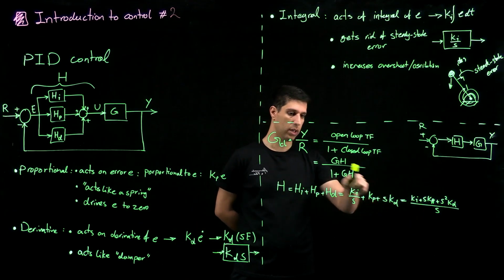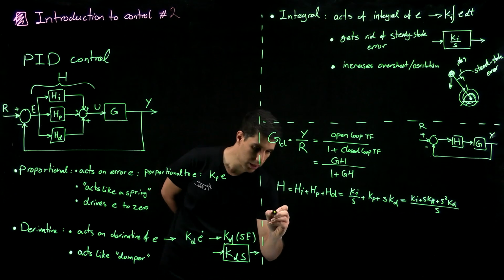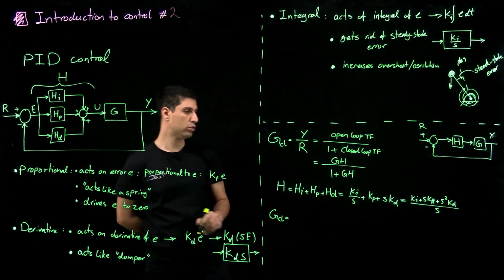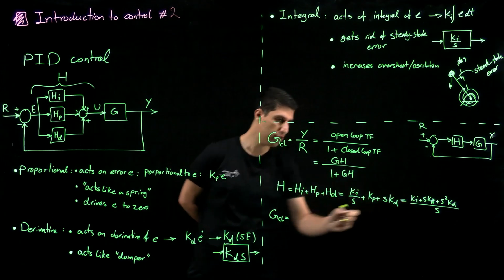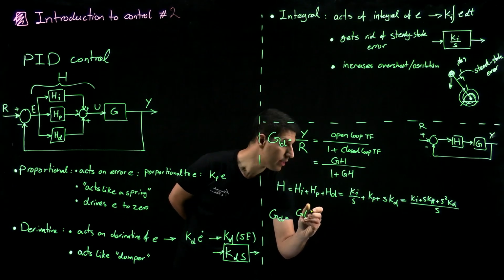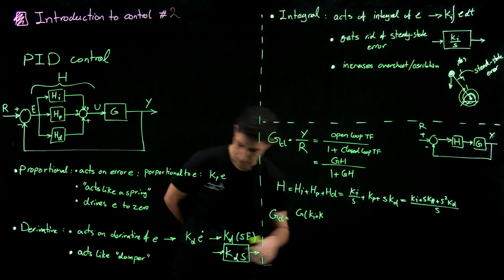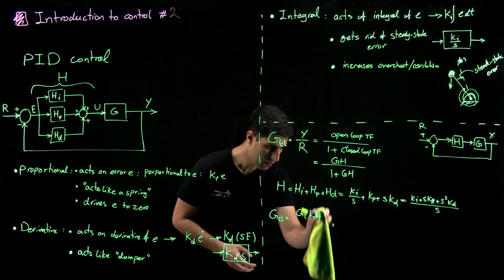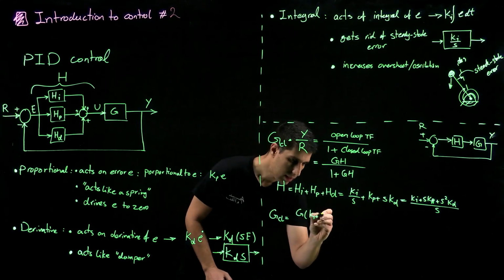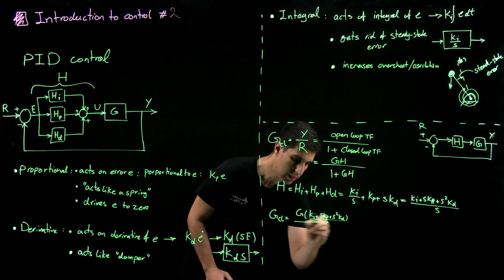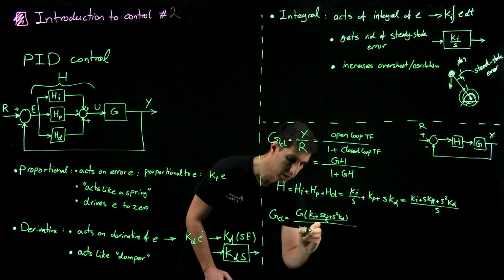Now I plug that here, so my G closed loop is going to be G times that, Ki plus S Kp plus S squared Kd over S, divided by 1 plus the whole thing.